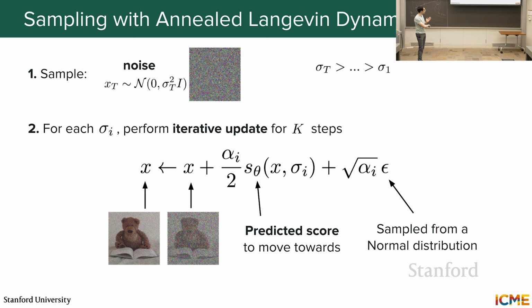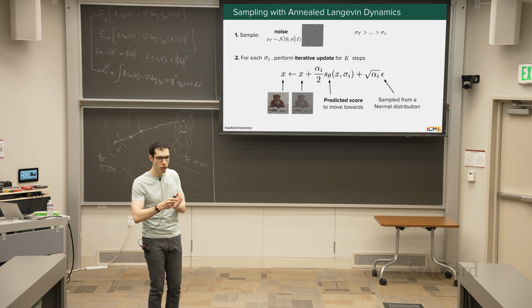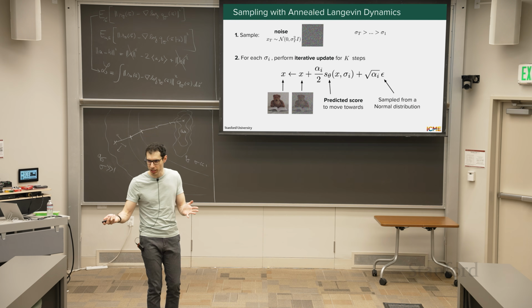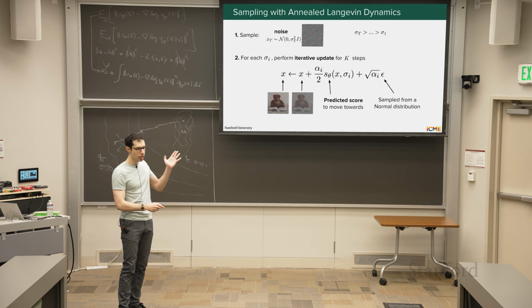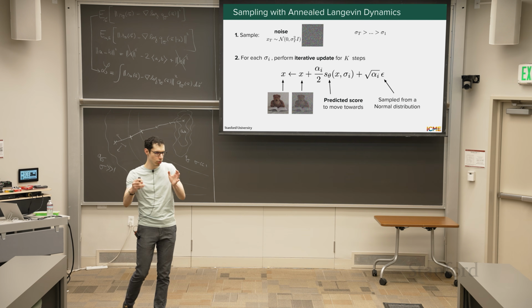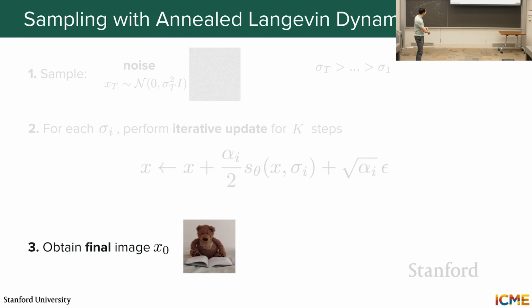This is the formula that we saw at the very beginning: you add the point that you're at with the predicted score, which is where you want to go, and then some amount of noise, which allows for a bit of diversity. Once you do that for all noise levels until coming to a very small noise level, you end up with the actual image.